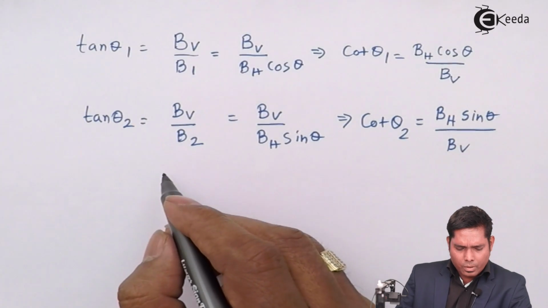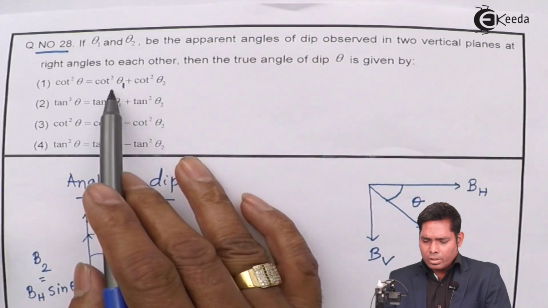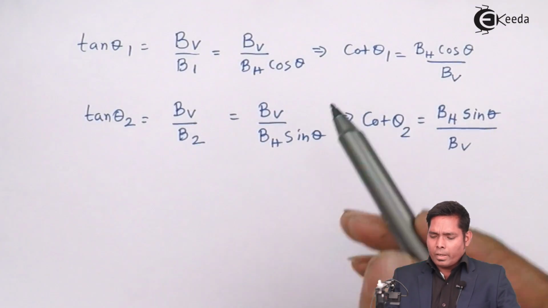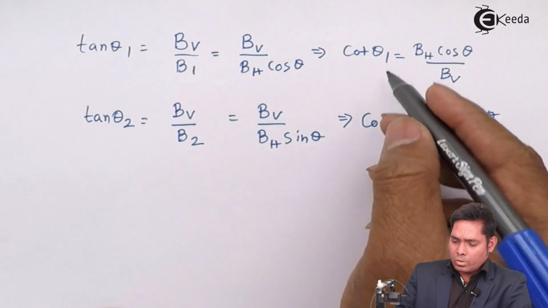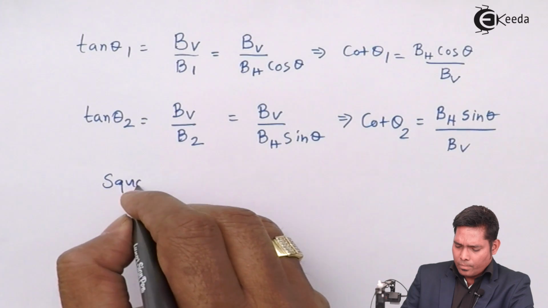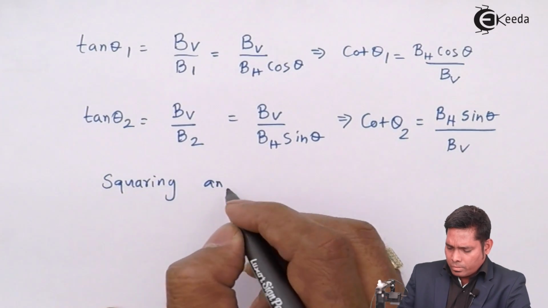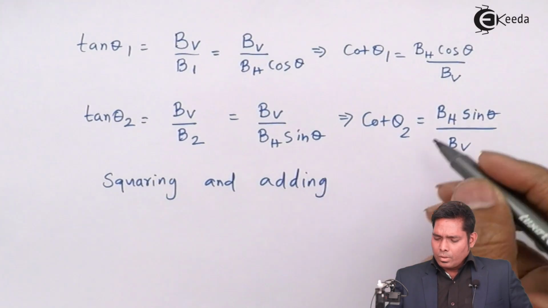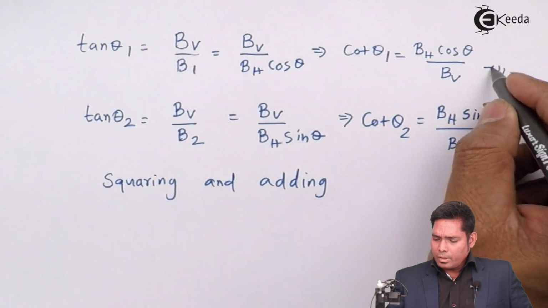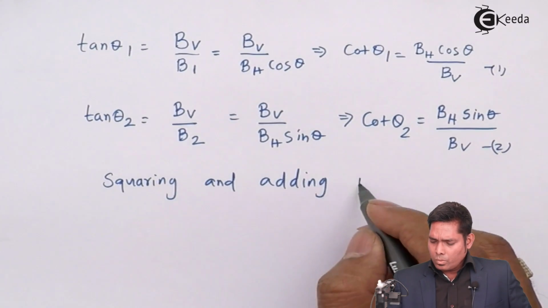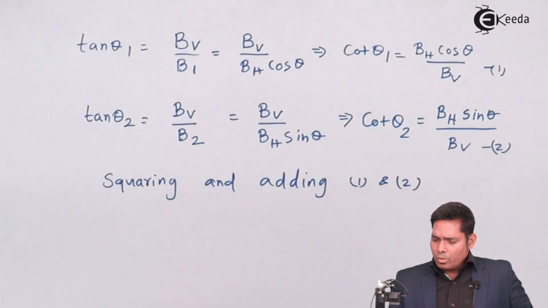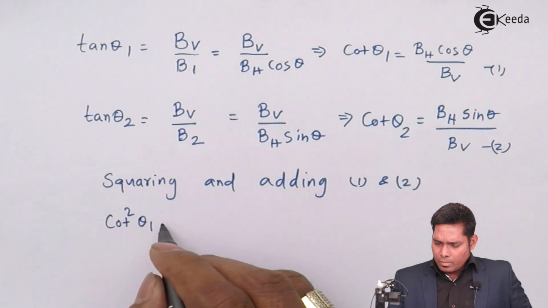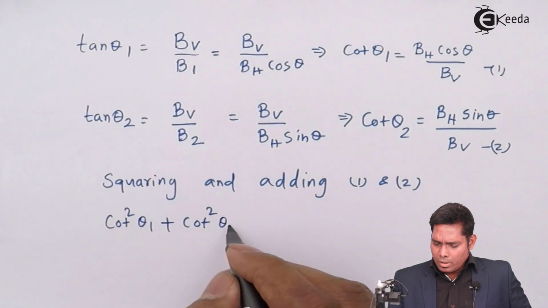Now, squaring and adding the above two equations, equation 1 and 2, what you will have is cot square theta 1 plus cot square theta 2 on the left.